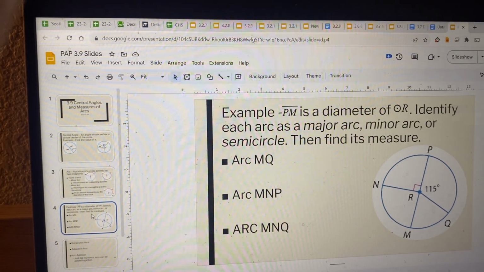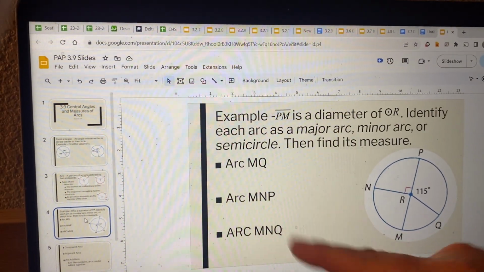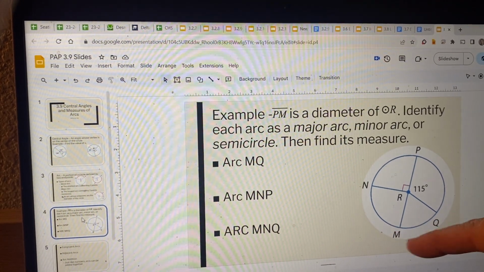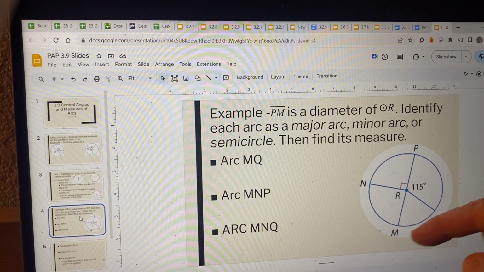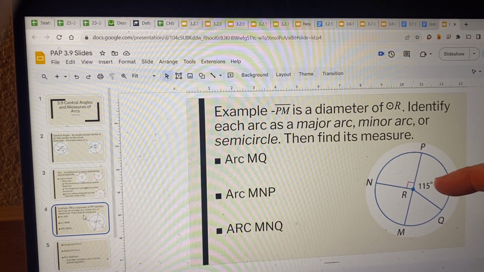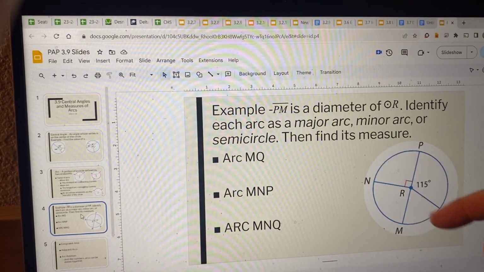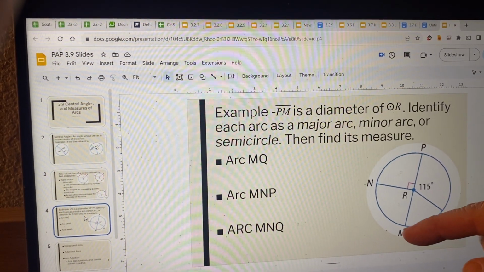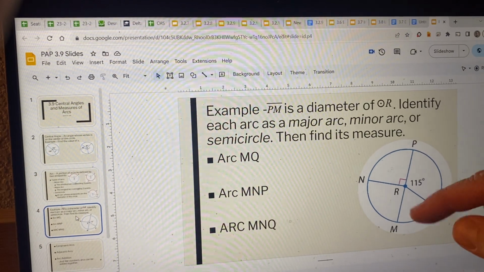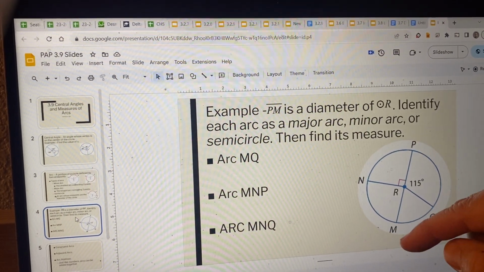Identify each arc as a major arc, a minor arc, or a semicircle. Find the measure. So arc MQ, this would be a minor arc here. This is 115 out of the 180. So this should be a 65-degree arc. That central angle is going to be the same measure as the arc. Arc MNP, that would be a semicircle because, again, MP is a diameter.